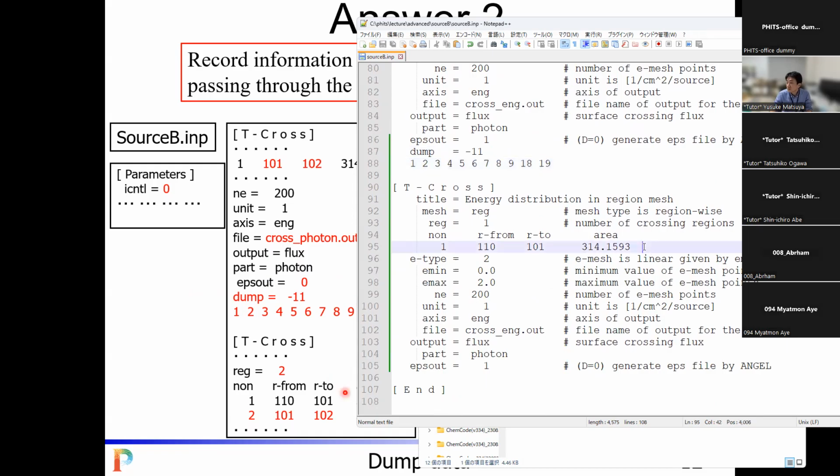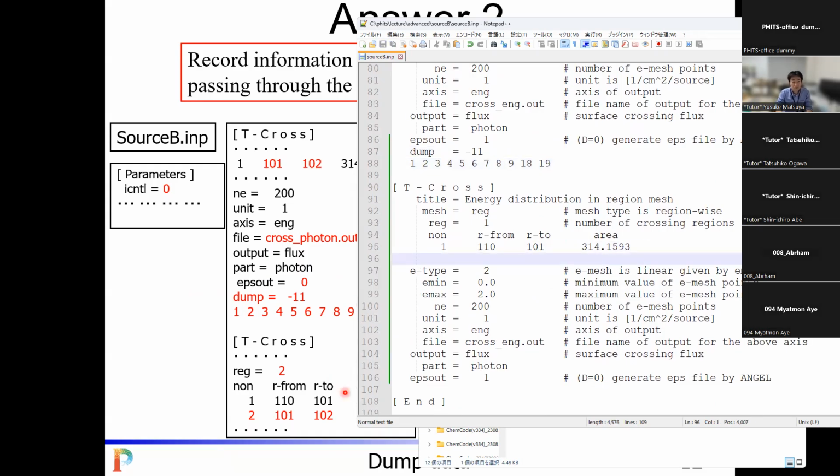So as a third step, or not third step, as a fourth step, newly adding the cell number, like this.